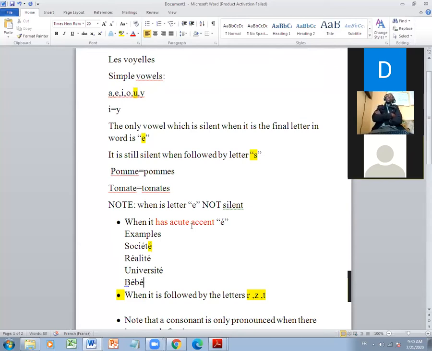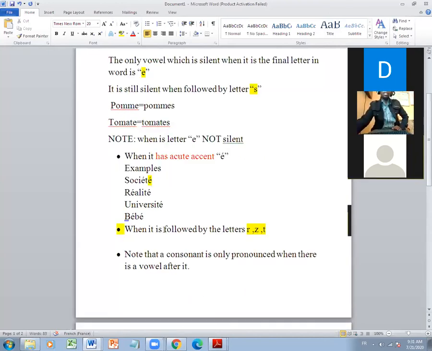So you see that word société, even if I add letter S, it is still société. You cannot say sociétés differently. So the addition of S does not change the pronunciation of a word, okay? Then the second point when letter E is not silent is when it's followed by letter R, letter Z, and letter T. Okay?